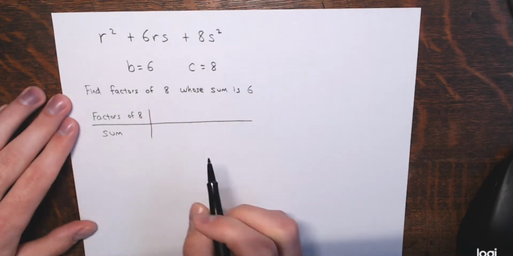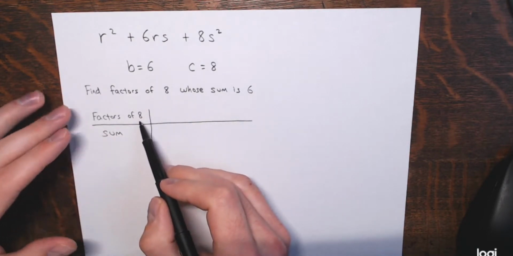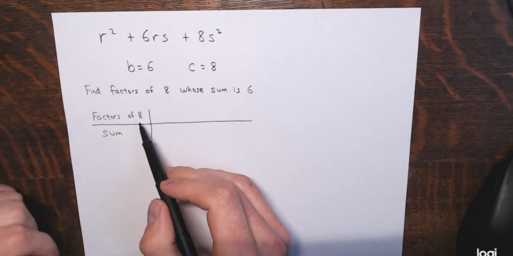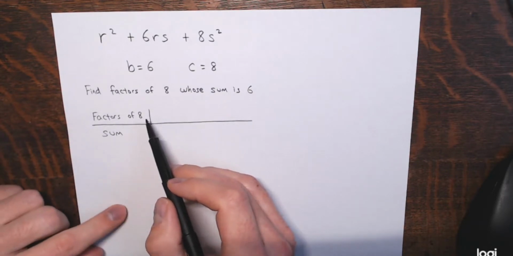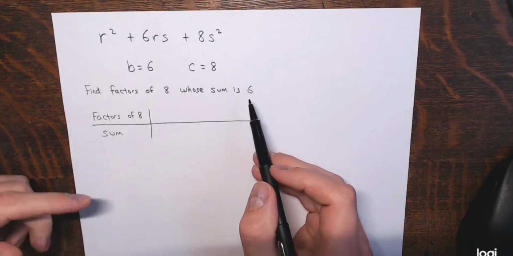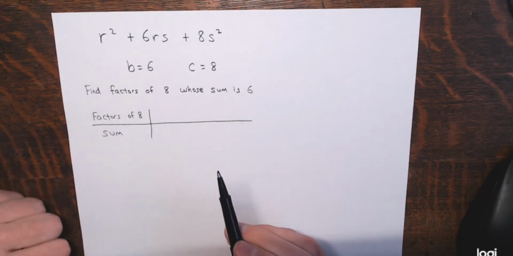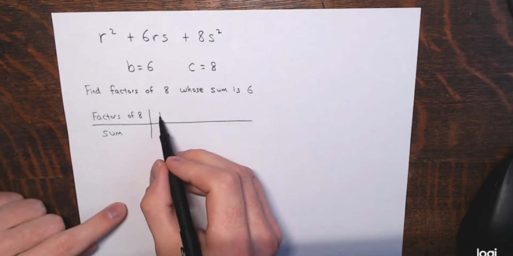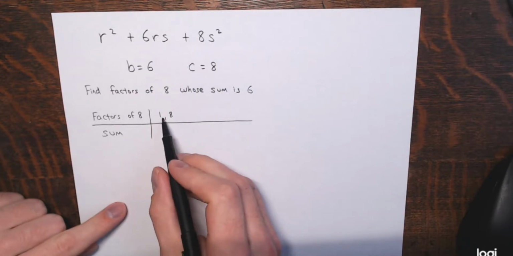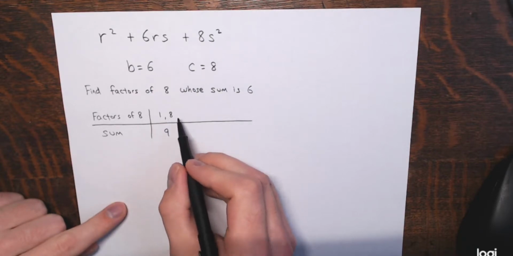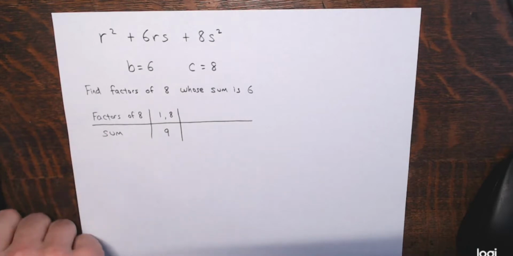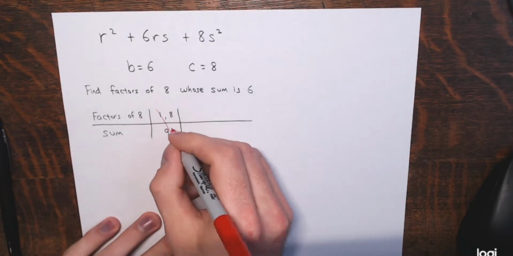Now again, this is a positive 8, so the two factors could be positive or they could both be negative. But if I want the sum to be positive 6, then I'm going to need positive factors. So how about 1 and 8? Those multiply to be 8, but they add up to be 9, which is not 6. So that's no good.